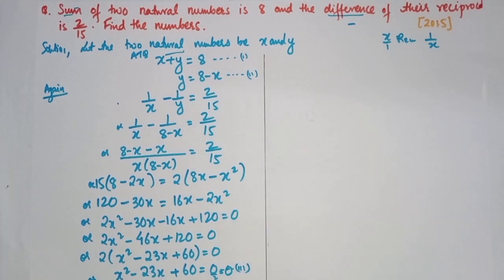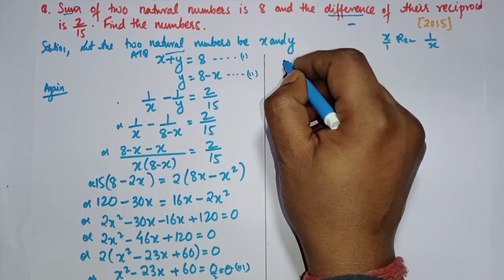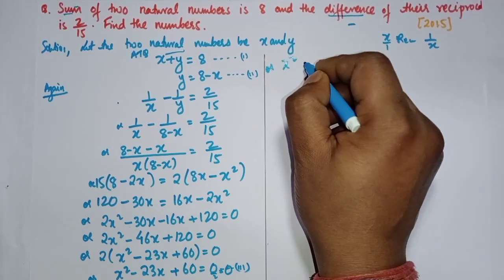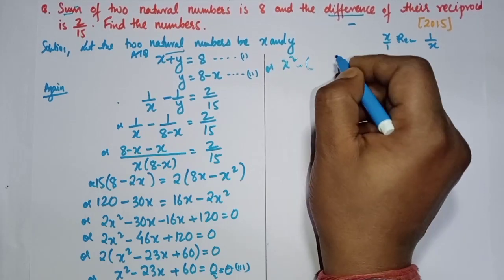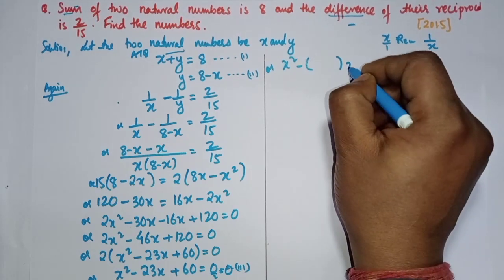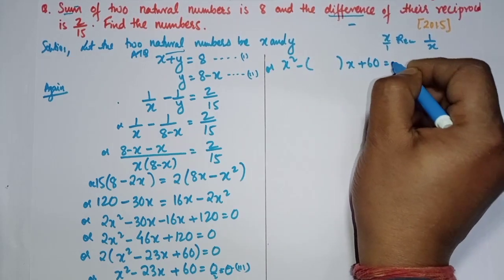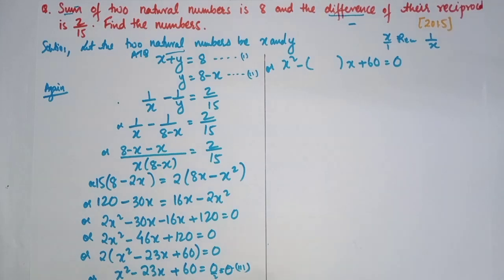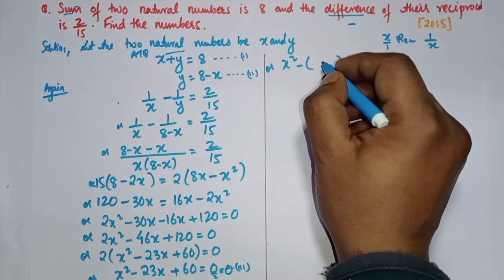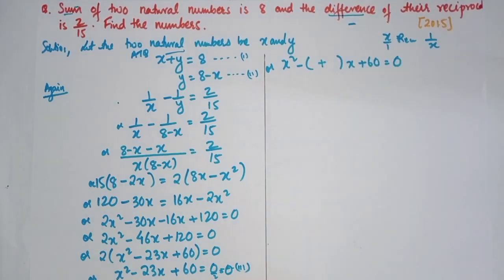Now as you know, we have to do the breaking of the middle term. So what is the x square? Let's break it. Minus 23, I am breaking it, it will be in bracket 23x plus 60 equals 0. Already I have told you, if you have sign plus, that means in the middle also it will be plus. Now what you have to do?